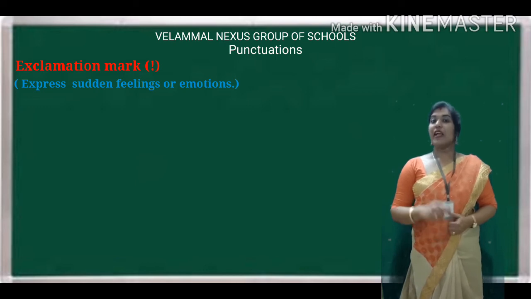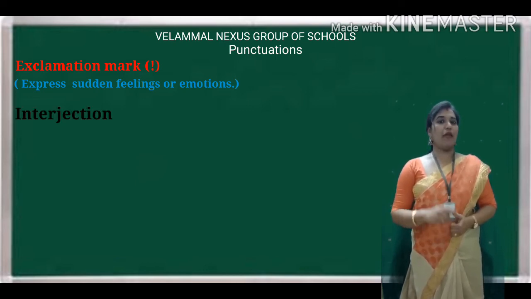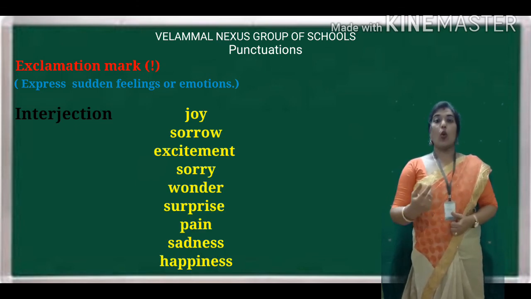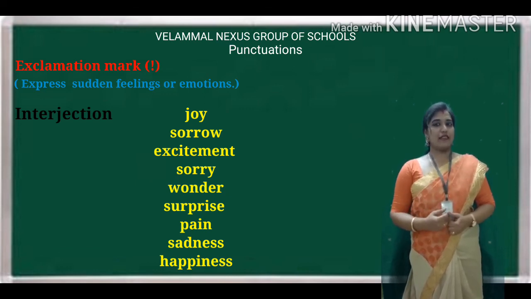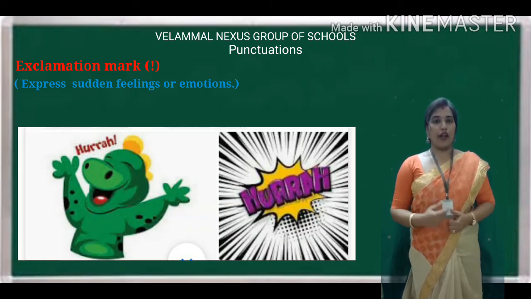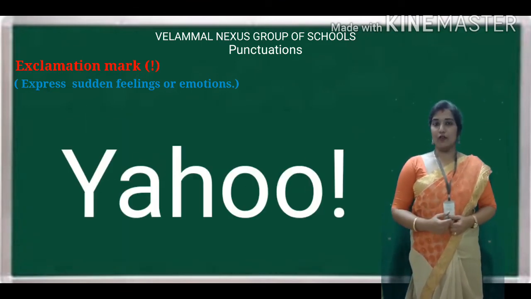What is called an interjection? It expresses emotions of joy, sorrow, excitement, wonder, surprise, pain, sadness, happiness, and so on. For example, oh, wow, hooray, oops, ouch, aha, yahoo.